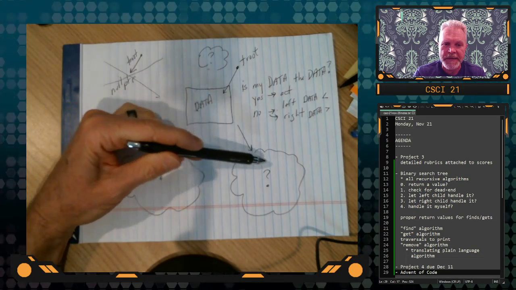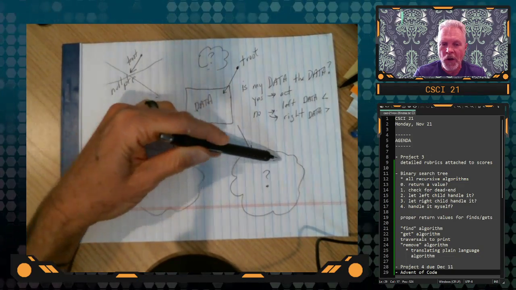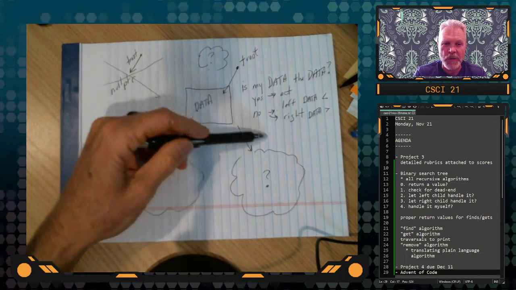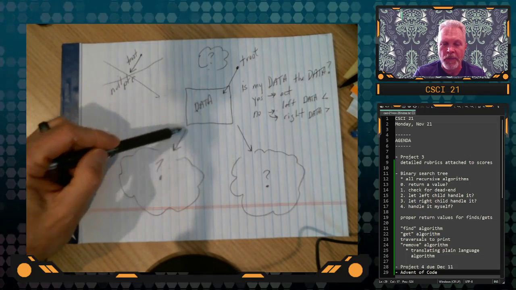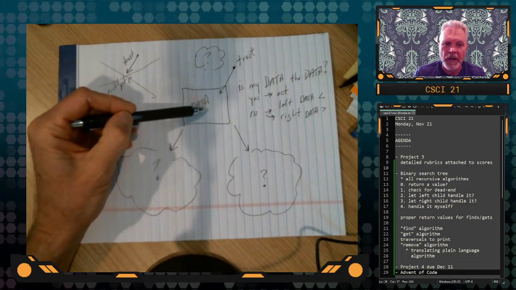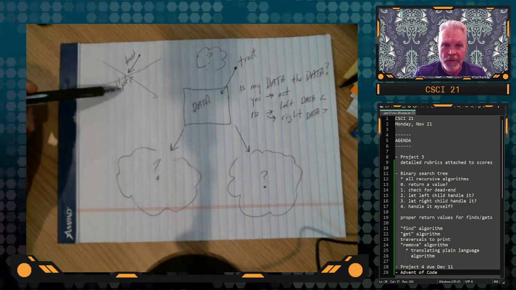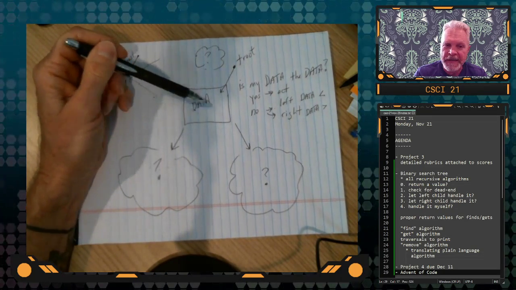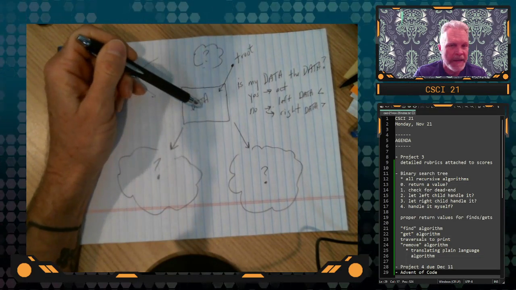If I have to pass the buck, then I make a recursive call and I let whatever happens happen. All I have to do is develop my algorithm with this much information. Now the remove is going to break this rule a little bit. But for most of these algorithms, all I need to know is, am I looking at anything? If not, I do whatever I do when I've fallen off. If I'm looking at stuff, then is that the data that I mean to be looking at? If it is, then great.